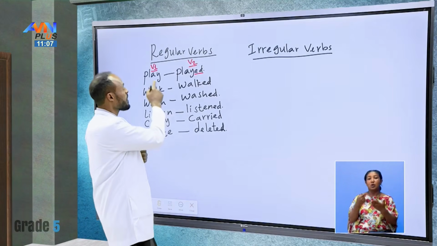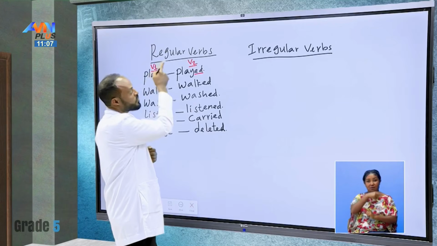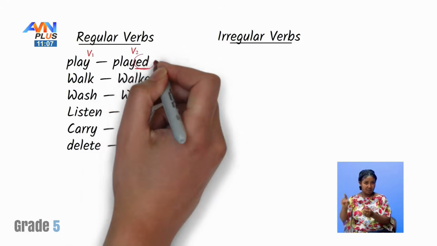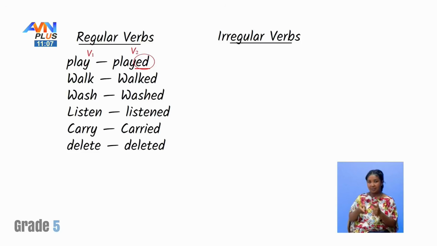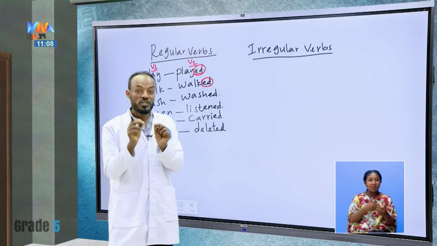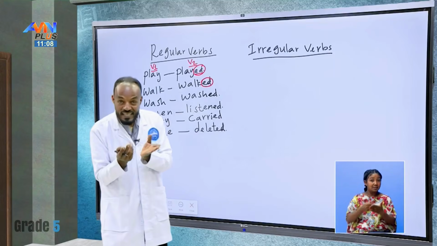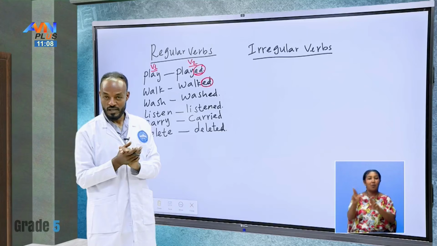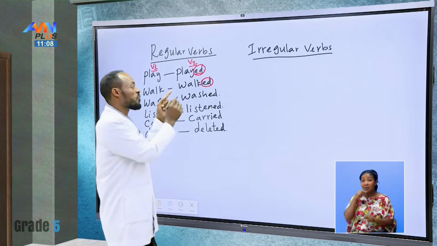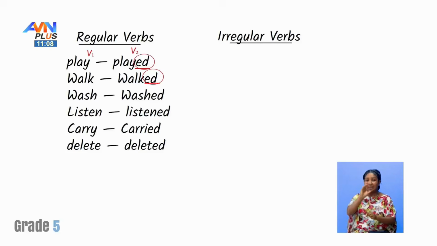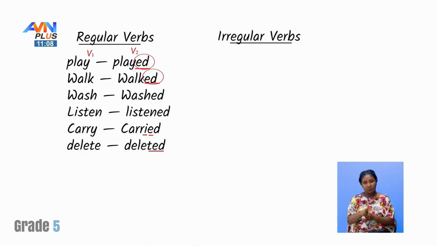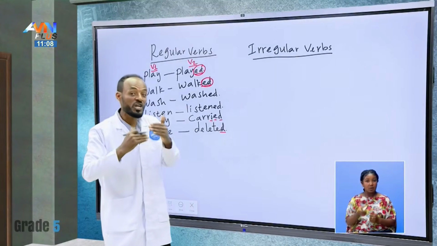So here, when we change this from verb 1 to verb 2, we simply add ed. Look, this also, walk, walked. We simply add what? Ed, okay? This shows that it is a regular verb. A regular verb means the verb which takes ed, d, or ied when we change it into verb 2.